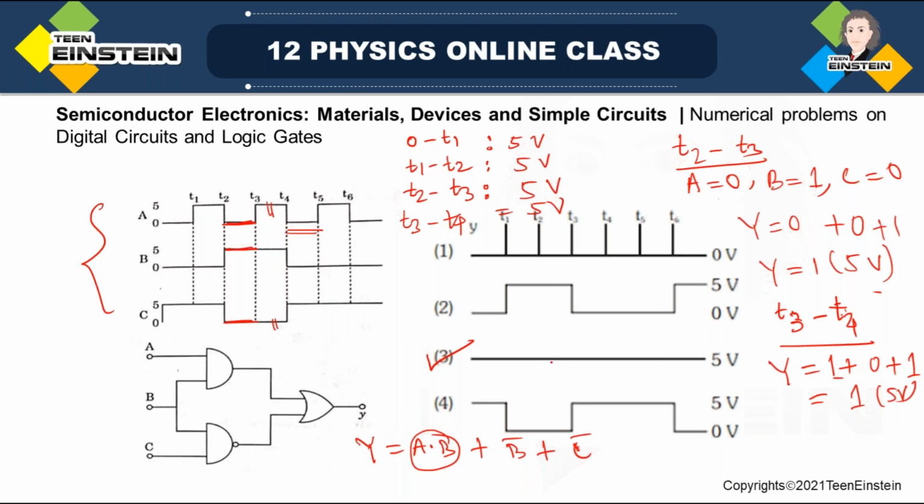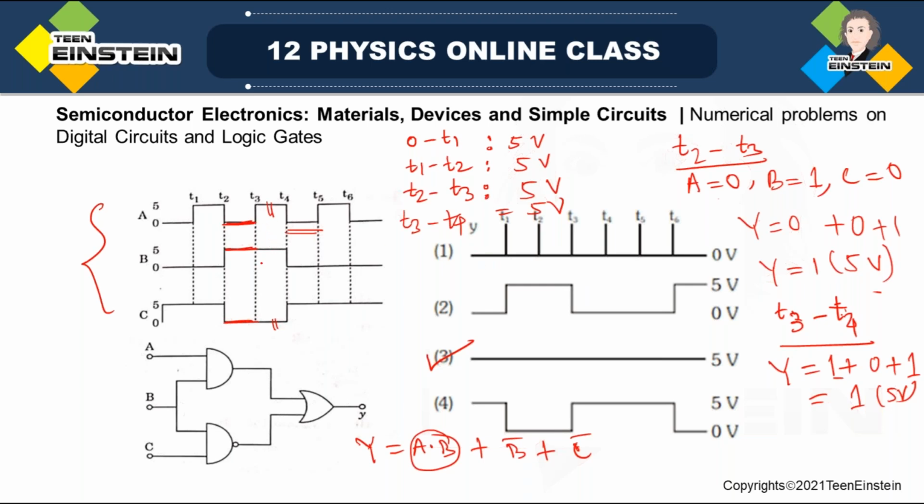So this is actually a nice question, and from digital circuit or logic circuit, I think this is the most logical question, and it is a tricky one also. You have to be very careful while seeing the inputs.